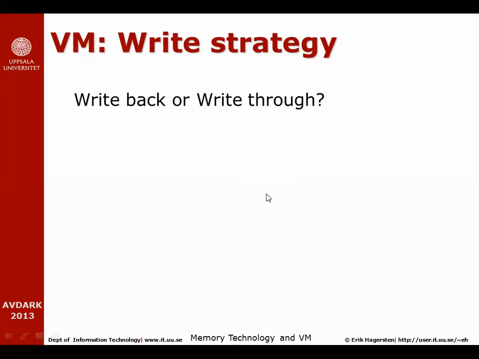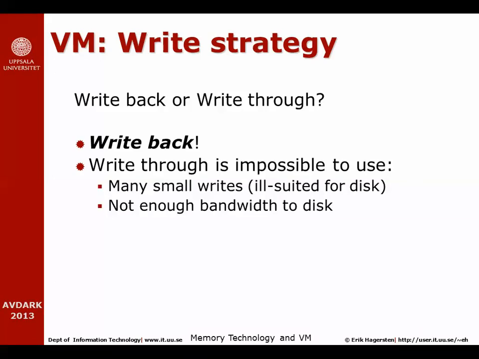So what write strategy would you use for this cache, the virtual memory system? Write back or write through? Write back. No one tries to do write through, because if you had a write through cache, every time you made a small modification to words or bytes, you would have to write those changes all the way out to disk, at cache line granularity at least, and disks are not well suited for doing small writes.